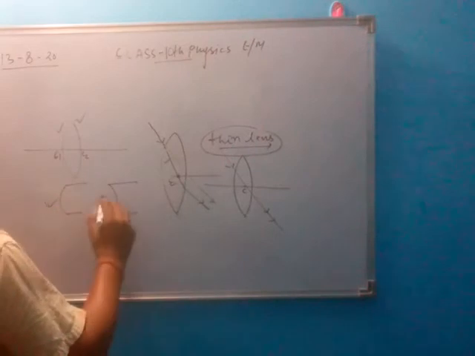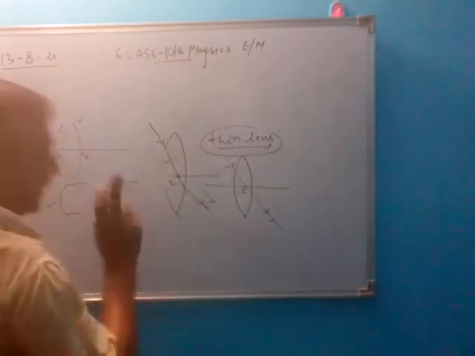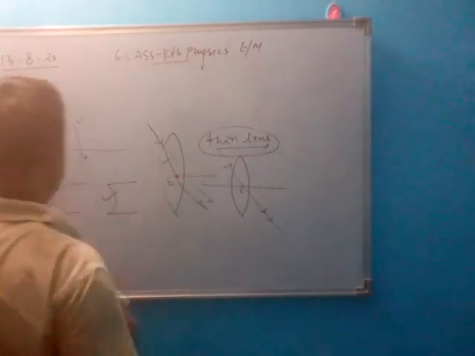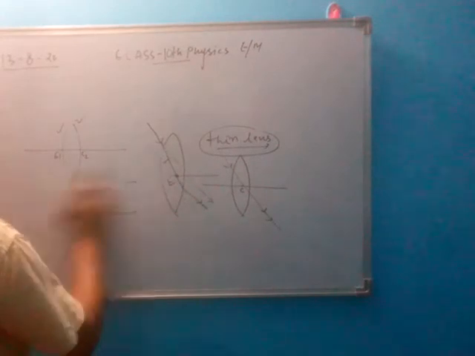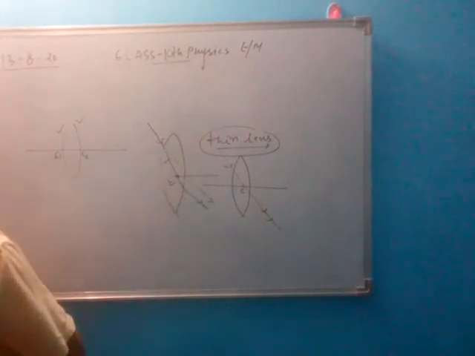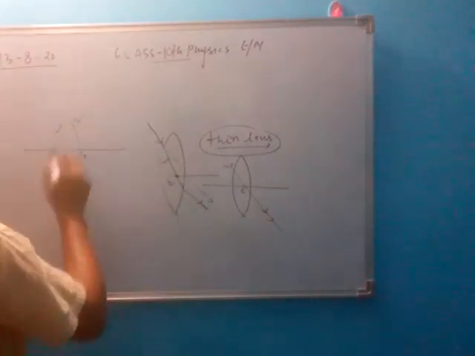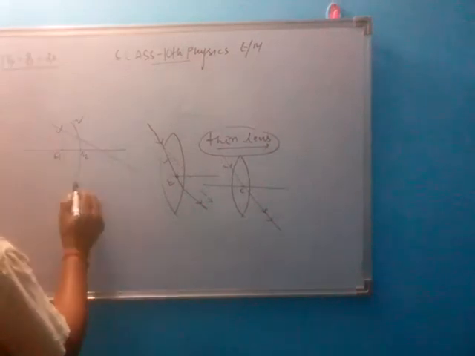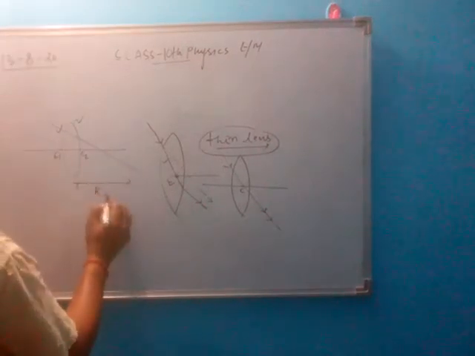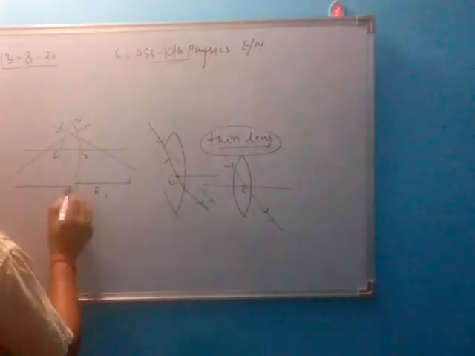Because there are two curved surfaces, there are two centers of curvature, C1 and C2, and this is R1 and this is R2.